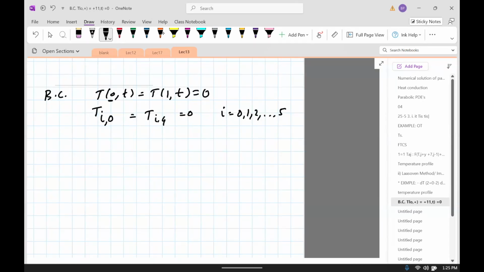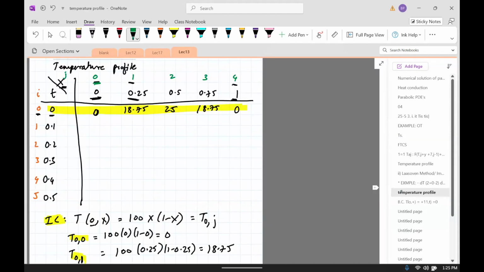What this is saying is that everything where j is equal to 0 or j equals 4 is basically going to be 0. If you go here, here j is 0 and j is 4. So everything in this row, sorry, this column is going to be 0.